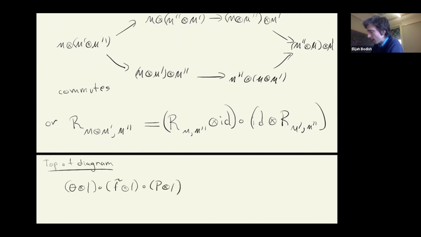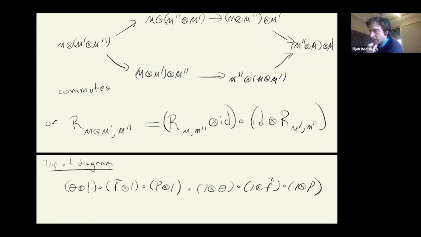I'm applying my R to the first two components. And then I compose with 1 tensor theta, 1 tensor F tilde, and 1 tensor P. I just need to work with this equation to rearrange it so that I can show that it's equal to what this is.